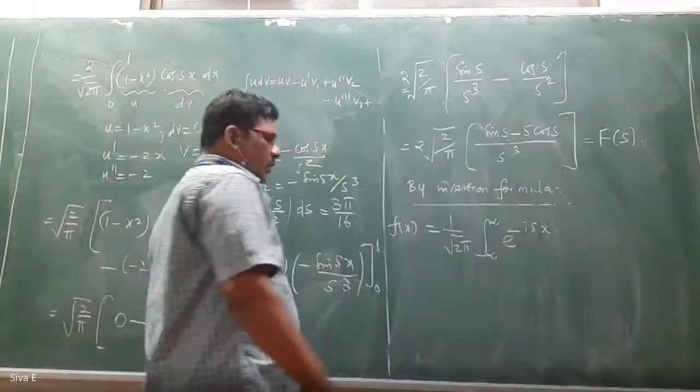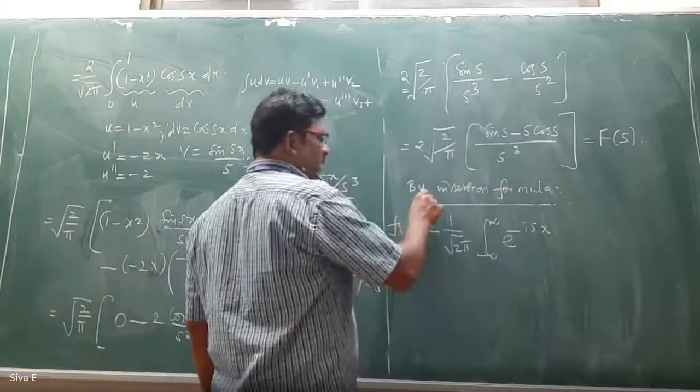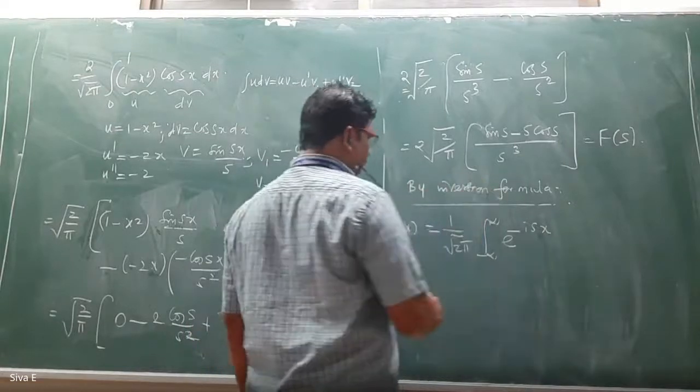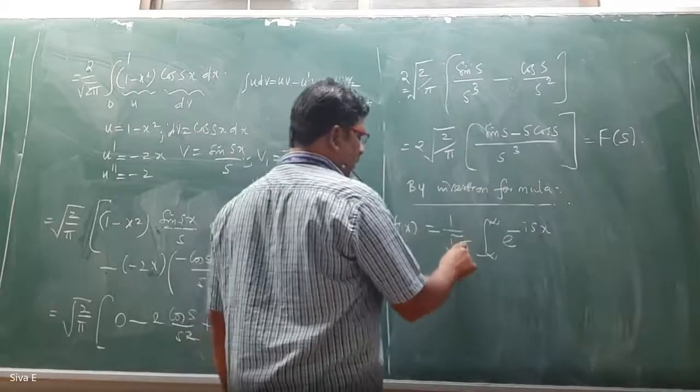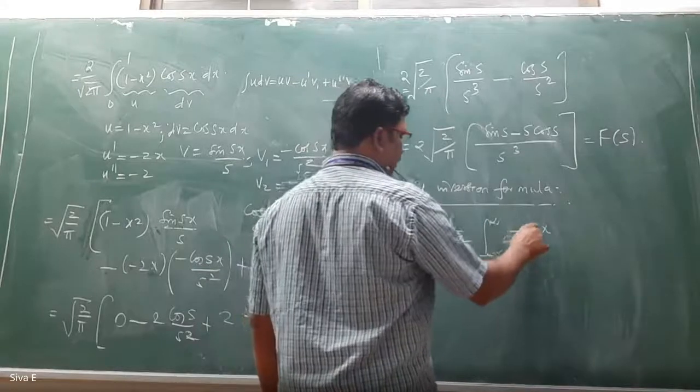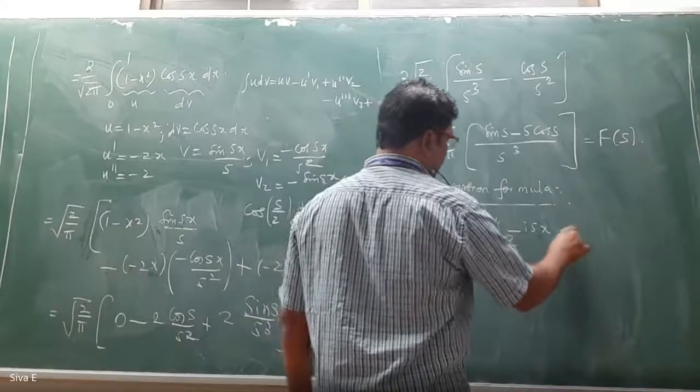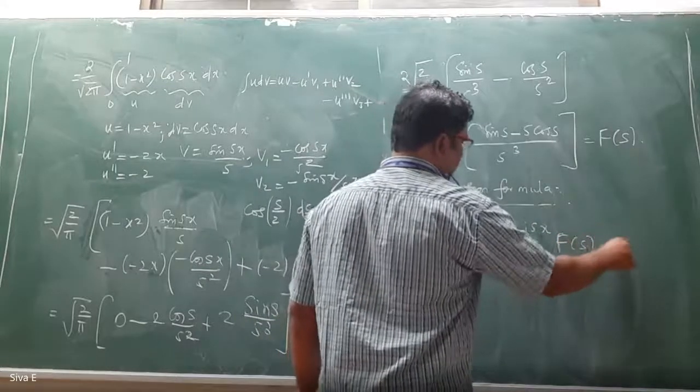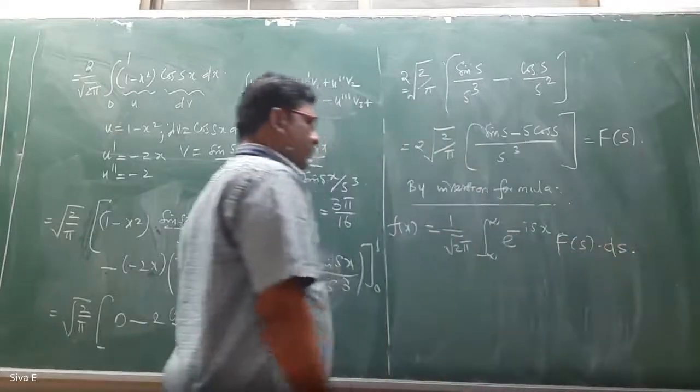Now you have to write down the inversion formula: f of x equal to 1 by root 2 pi integral minus infinity to plus infinity e power minus isx F of s ds.